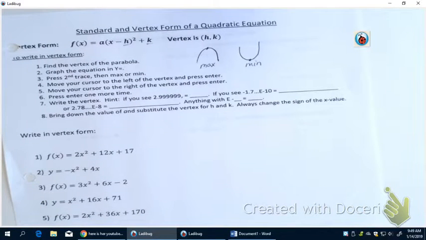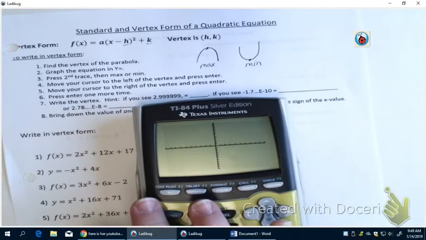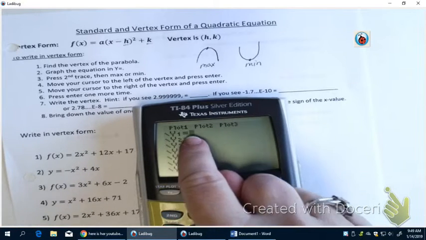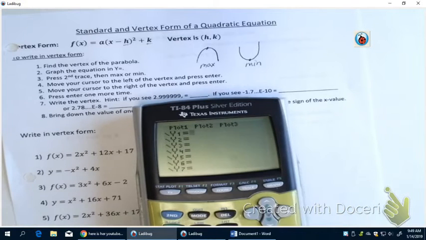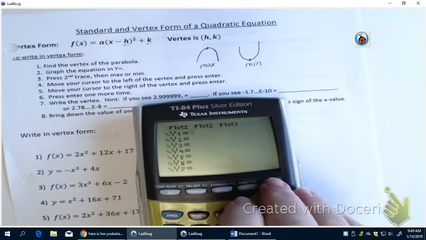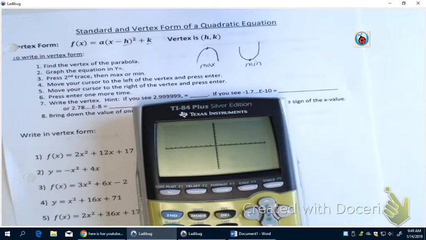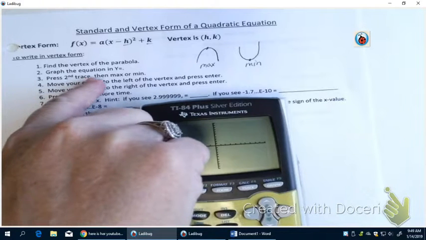And so what we're going to do first is I'm going to show you how you find the vertex on the calculator. So the first thing you'll do is you'll go to y equals, and you'll put in your equation right there at y1, and I'll show you some examples in a minute. But then it says graph the equation, so you press graph, and once it's there, it says second, trace, and then max or min.